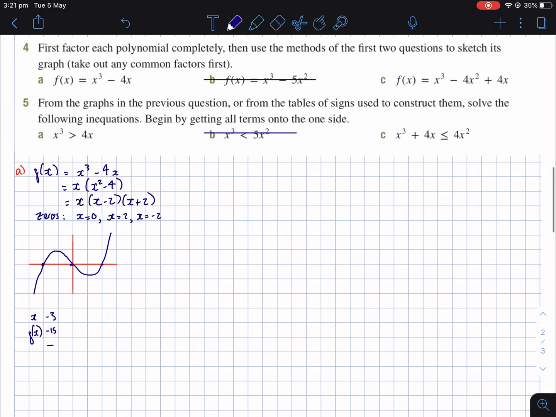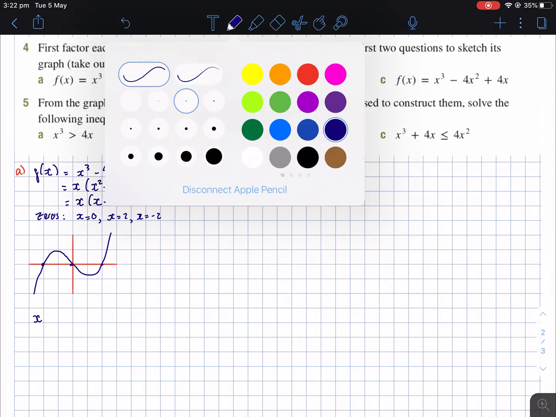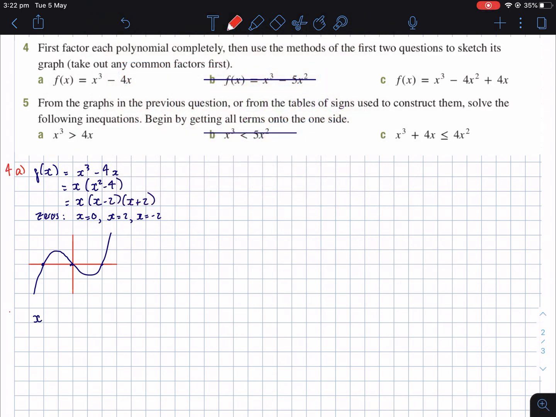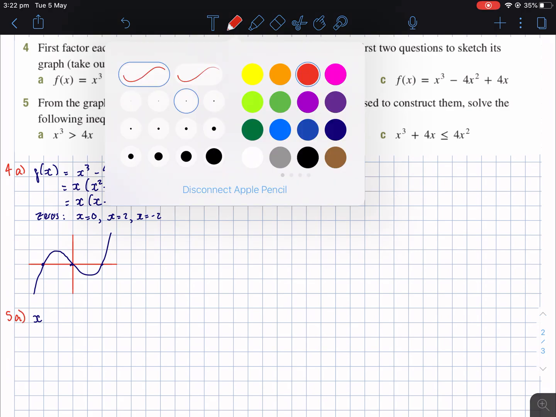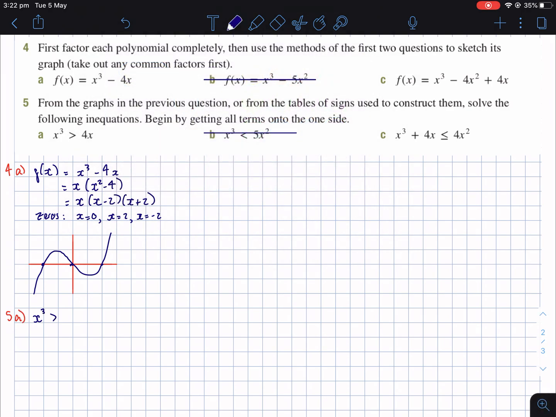Now, in question 5, I'm going 4A, 5A by the way, because the questions are very much linked. So that was 4A, this is 5A. x cubed is greater than 4x. Now, in order to be able to solve this, I need everything on the left. So I'm going to do x cubed minus 4x is greater than 0.